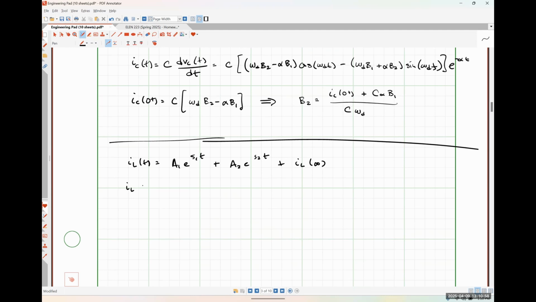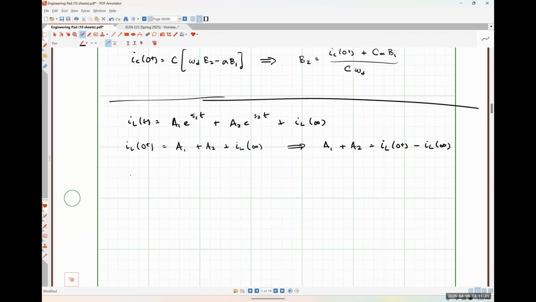So IL at 0 plus is literally just going to be A1 plus A2 plus IL at infinity. And so from here, our first equation is going to be A1 plus A2 is equal to IL at 0 plus minus IL at infinity.